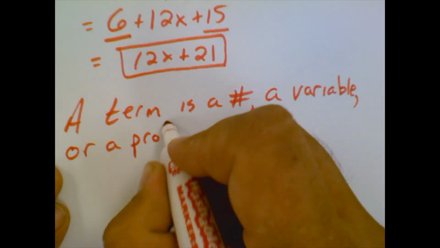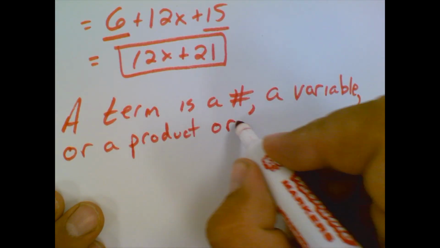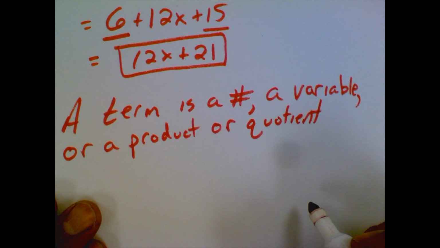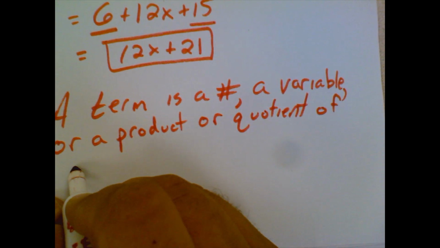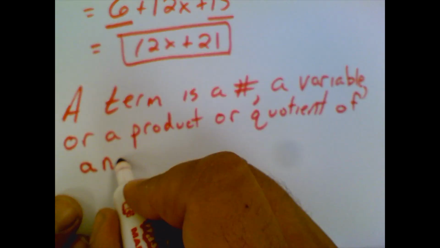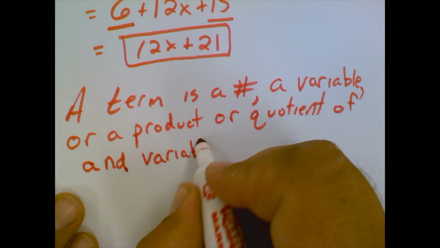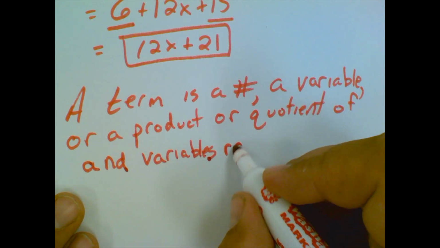Remember, product means the result of multiplication. Or quotient, remember that means the result of a division problem of numbers and variables raised to powers.